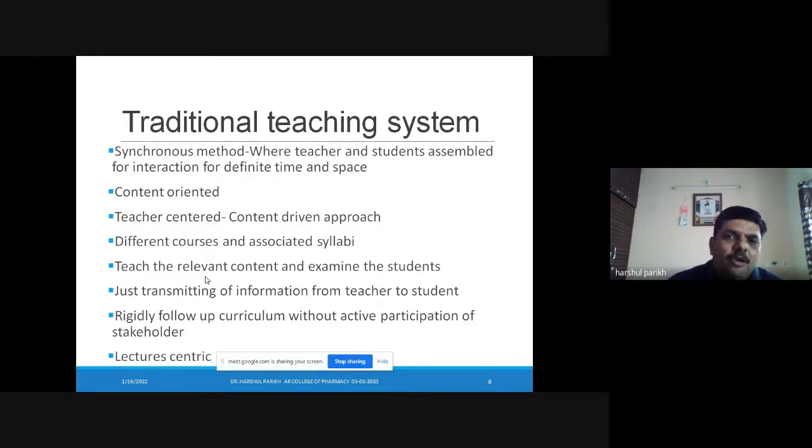We rigidly follow the curriculum without active participation of stakeholders. That means this kind of teaching system is not student centric. It is teacher centric, or you can say lecture centric.